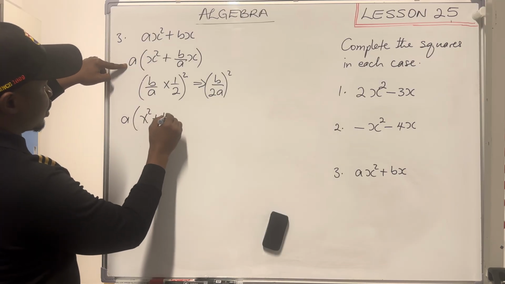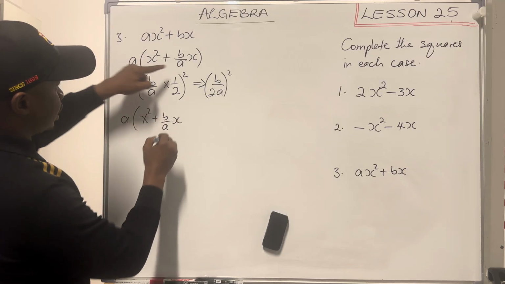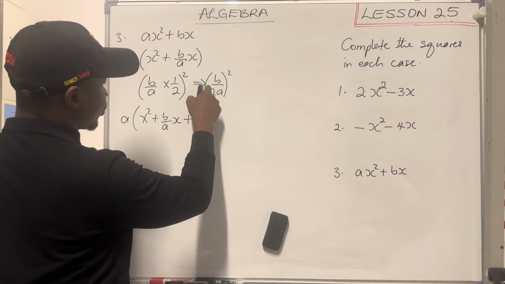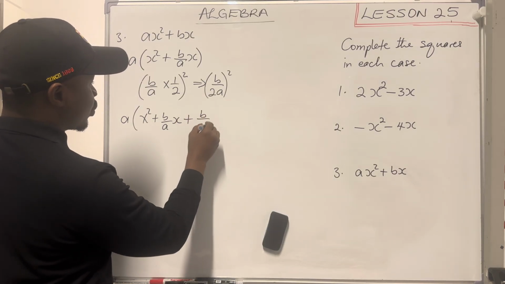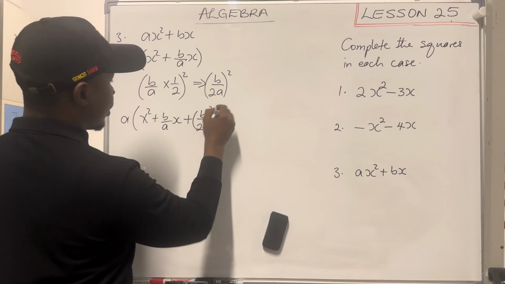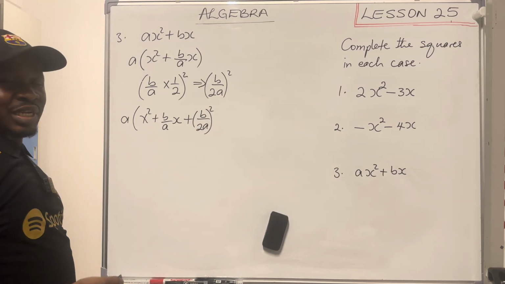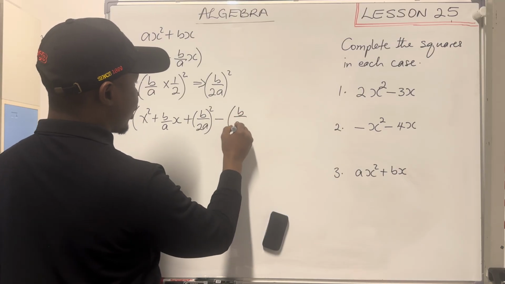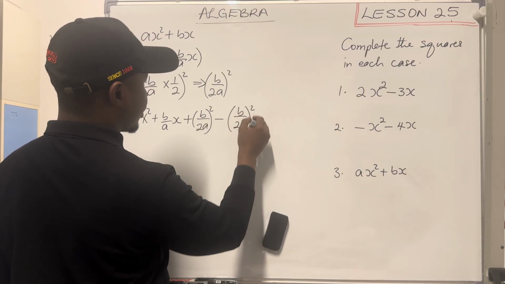So now we say a times x squared plus b over a x. So what next? We add this one, which is b over 2a squared. We've added it. What is next? We subtract it again, b over 2a squared.